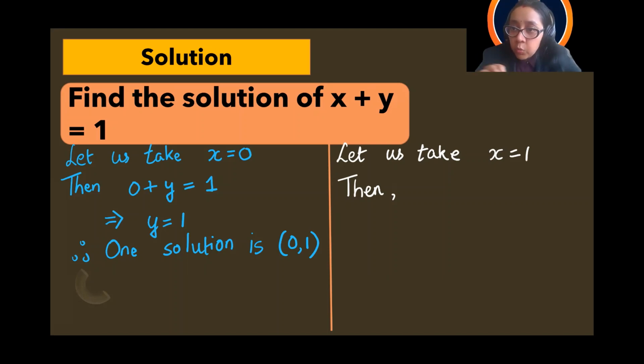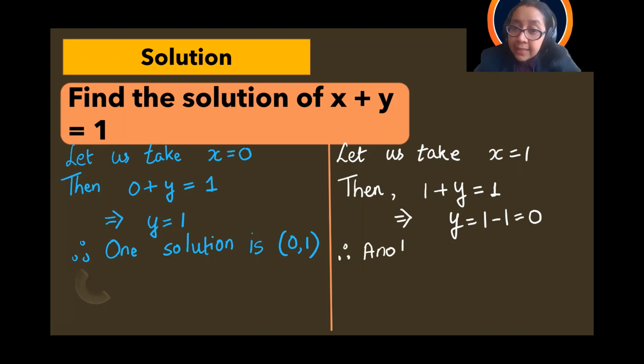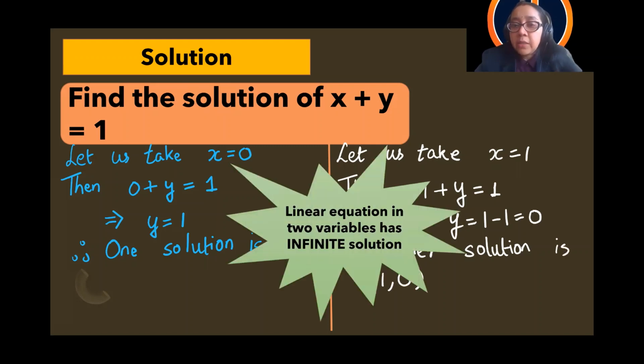You can also do it independently in your notebook. So we can write that 1 plus y equal to 1. That means 1 gets cancelled out from both the sides and hence y equal to 0, right? 1 minus 1. So what is another solution for this particular equation? Another solution will be (1, 0).